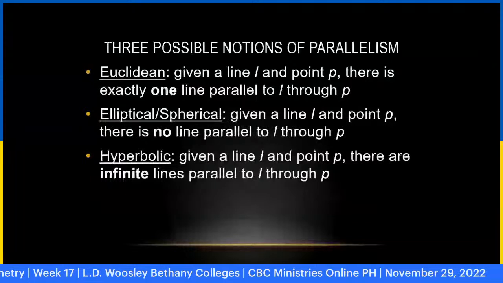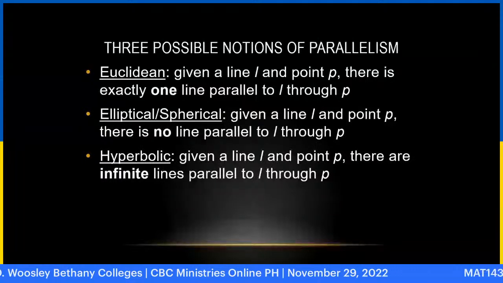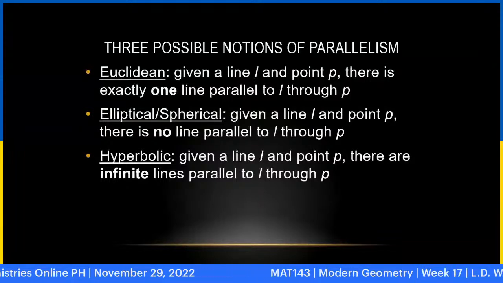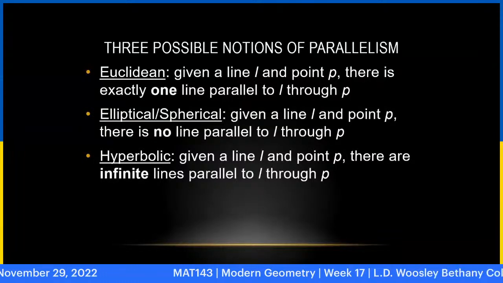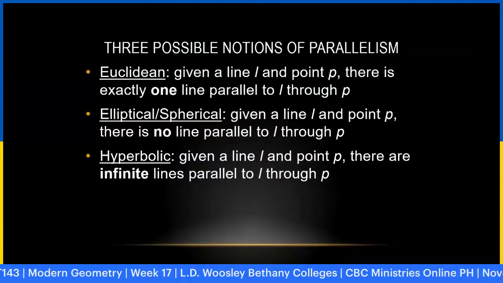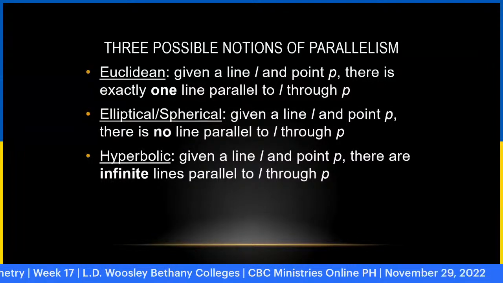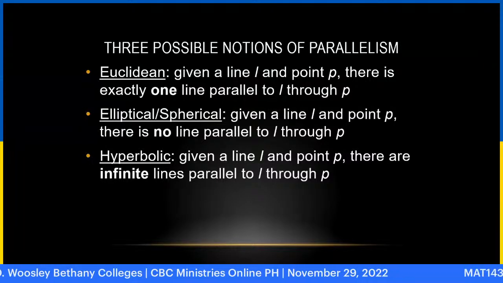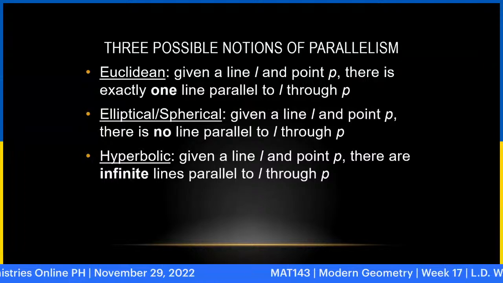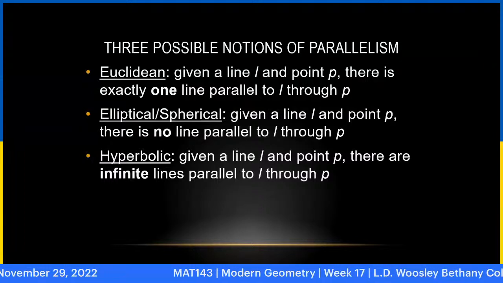Alright. So for hyperbolic, there are infinite lines parallel to L through P. Infinite numbers naman, no? So that's possible only for a hyperbolic plane. But for elliptical or spherical, since we are using an ellipse or sphere, all lines will be intersecting at a particular point of a sphere.